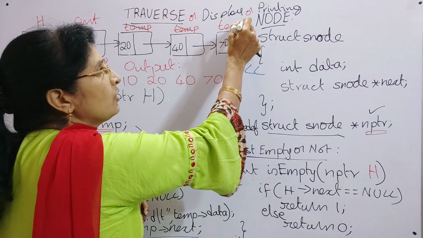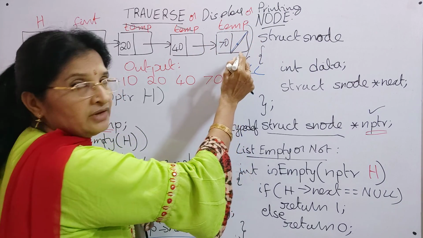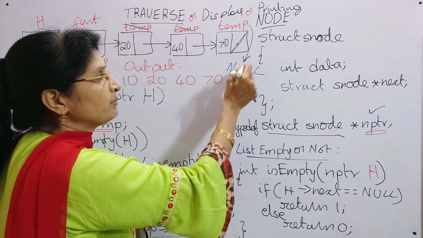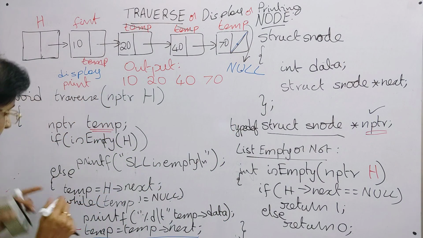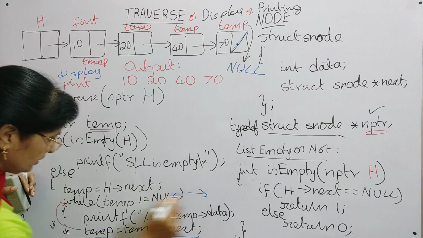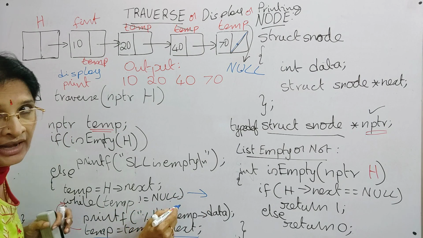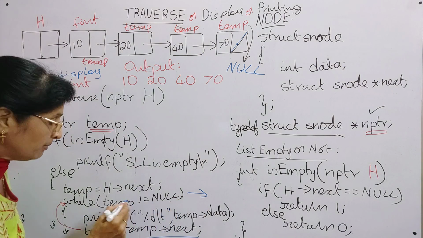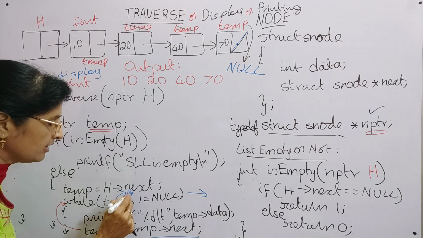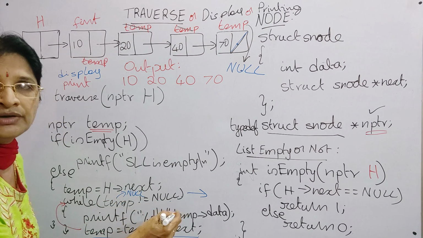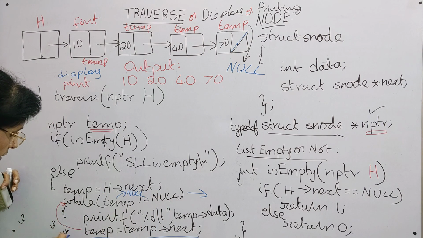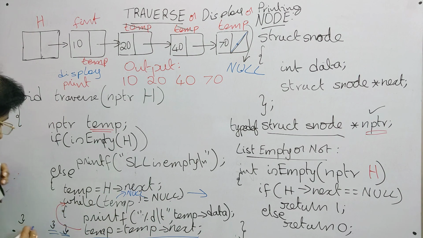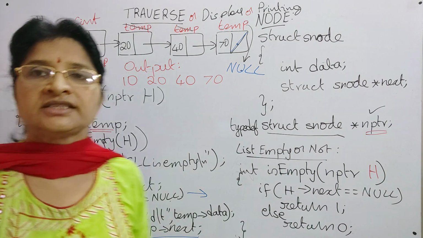So whenever we execute the statement temp is equal to temp next, the value of temp will be null. Then when it enters the loop, temp is not equal to null: null not equal to null, the condition will be false. So it will come out of the loop, then of the else, and finally of the function.